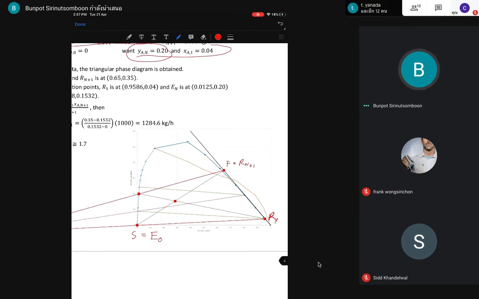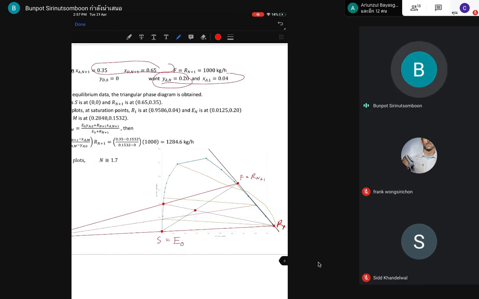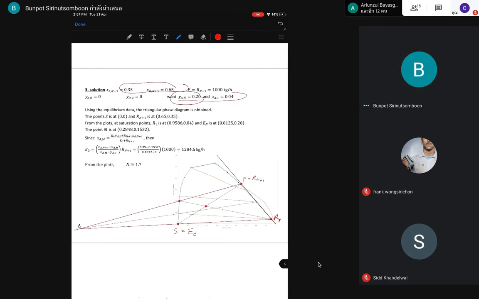So we know 3 points here: we know S, we know Rn plus 1, the feed, and then from the plot we know R1.